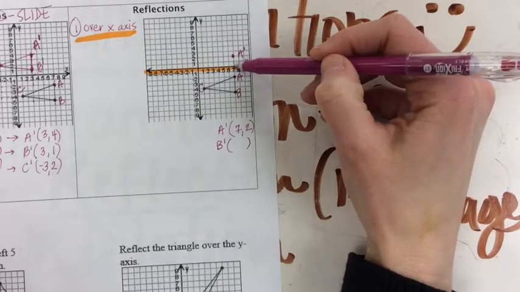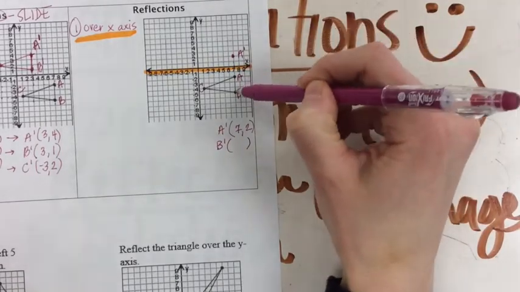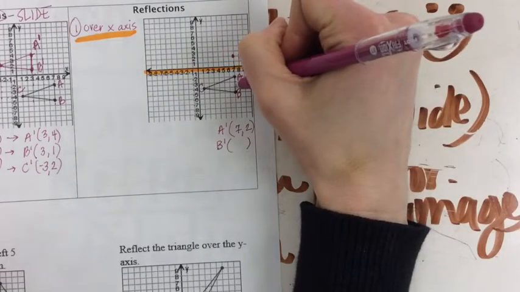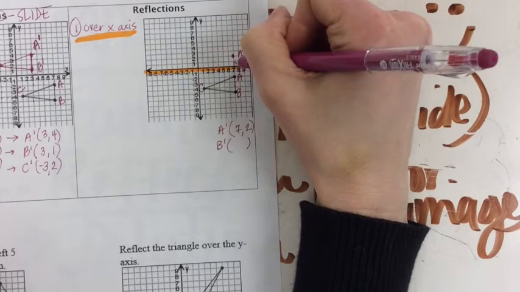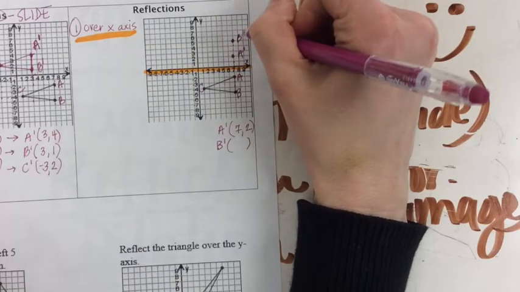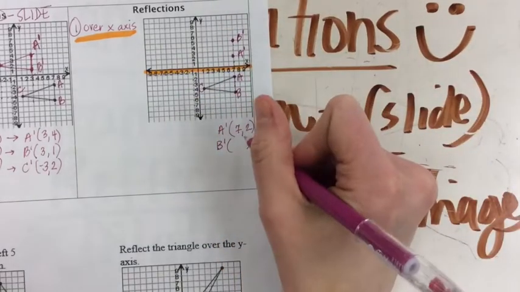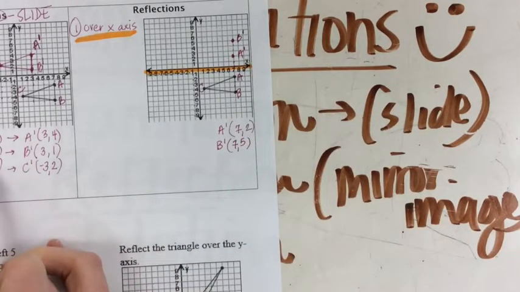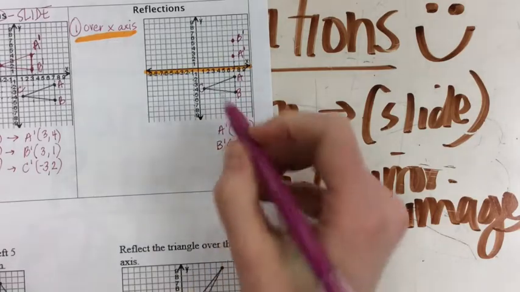B is at 7 comma negative 5 right now. And it's 1, 2, 3, 4, 5 away. So I'm going to go 1, 2, 3, 4, 5 away. And here's my B prime, and that's at 7 comma 5. So it was at 7, negative 5. Now it's at 7 comma 5.